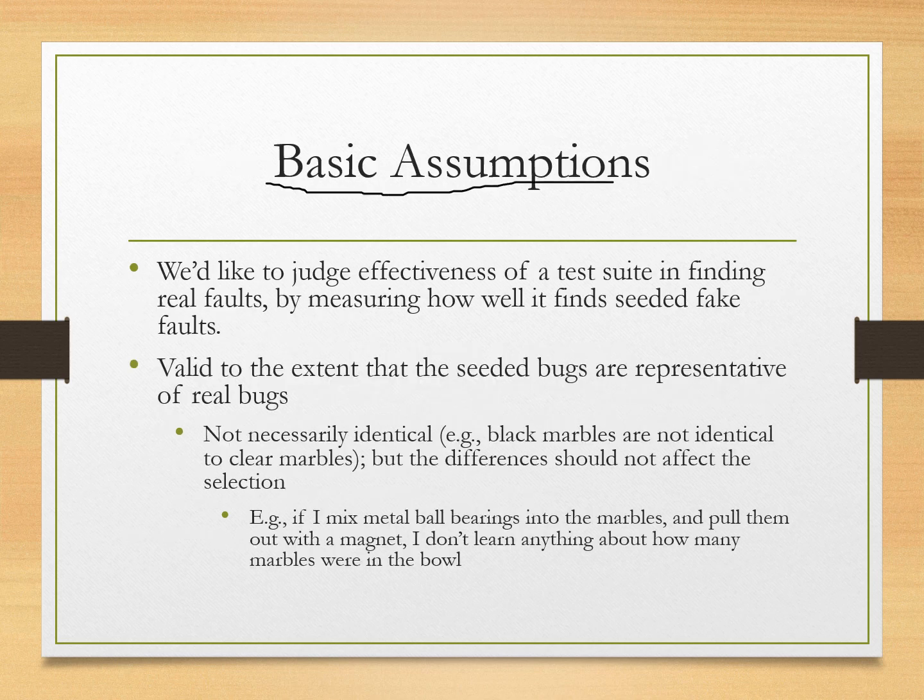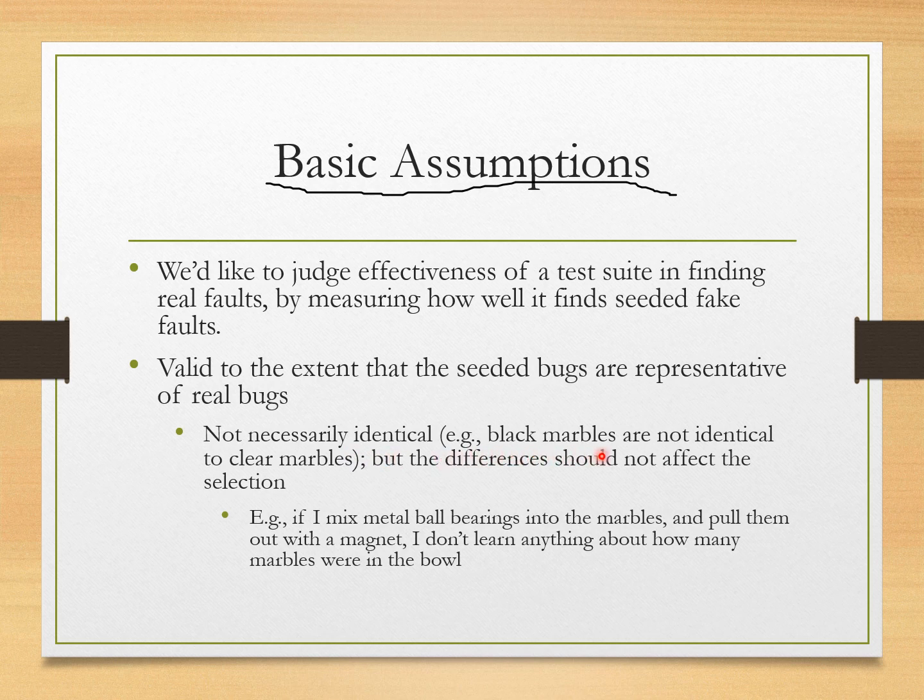Basic assumptions. These are the assumptions which we make. We'd like to judge the effectiveness of a test suite in finding real faults by measuring how well it finds seeded fake faults. This is valid to the extent that the seeded bugs are representative of real bugs, not necessarily identical.